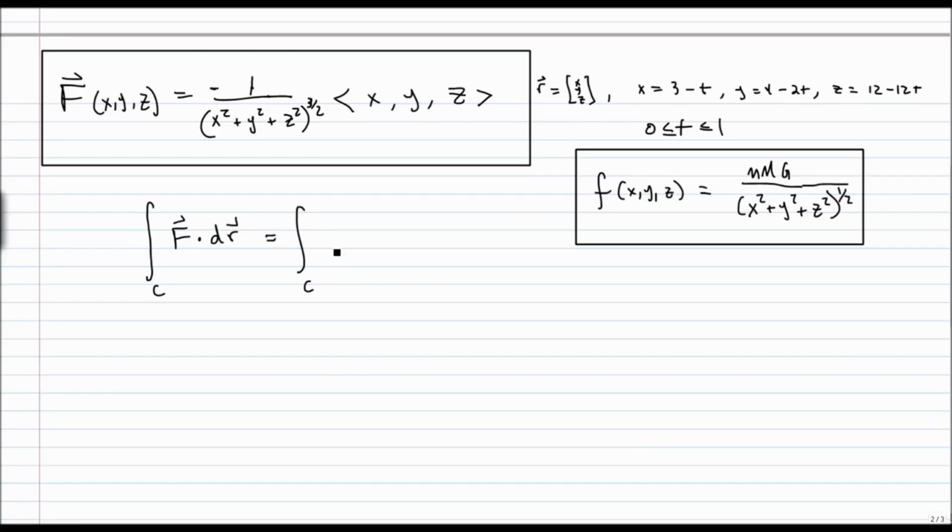So the line integral over the curve C, which was this line that we parameterized, is going to be the gradient of f dotted with dr, and then from the fundamental theorem for line integrals, it's going to be the value of f evaluated at our two endpoints. Okay, so of course, to evaluate these, you're going to have to plug in what x, y, and z equal in all these spots right here.